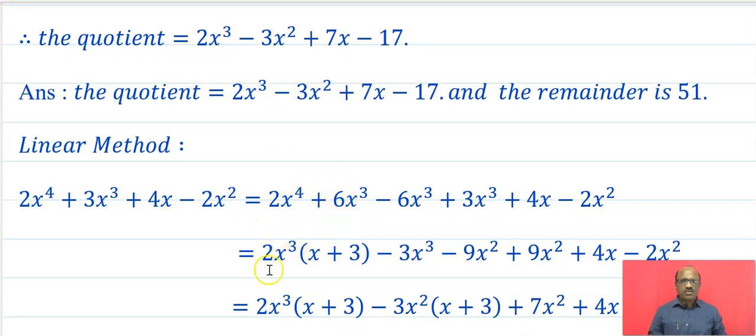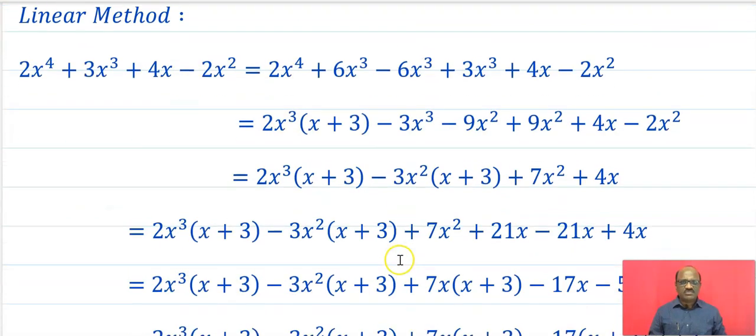Therefore, take 2x raised to 3 as common. Then you will get x plus 3 in bracket. What about here? Here is plus 3x cubed. We are adjusting minus 6x cubed. Now from these two, that is minus 6x cubed plus 3x cubed, you will get minus 3x square.